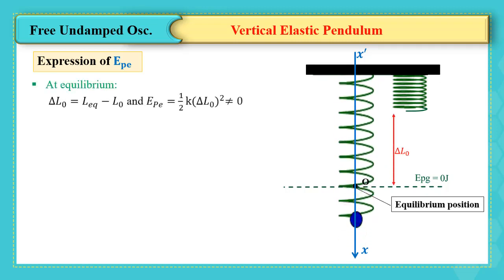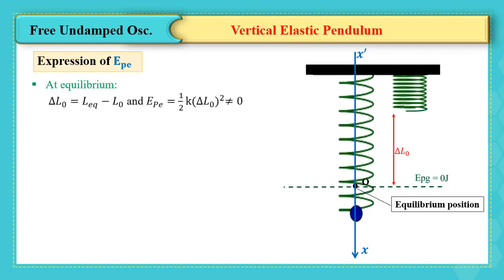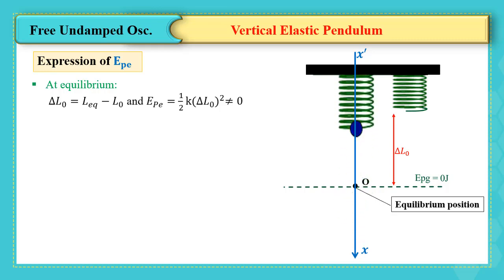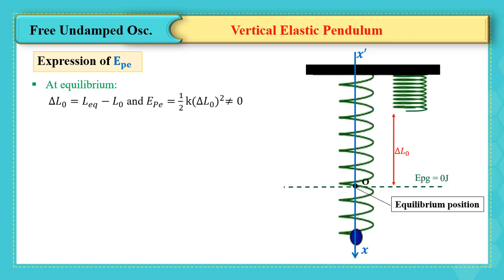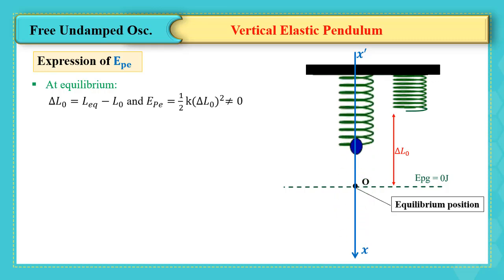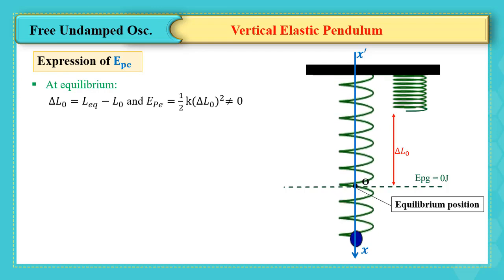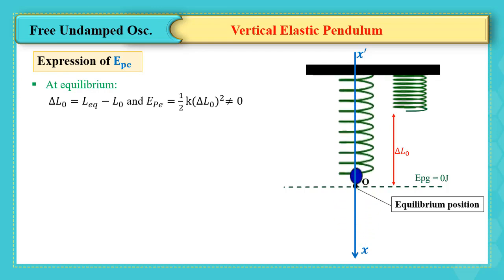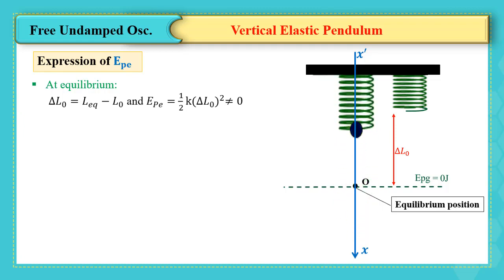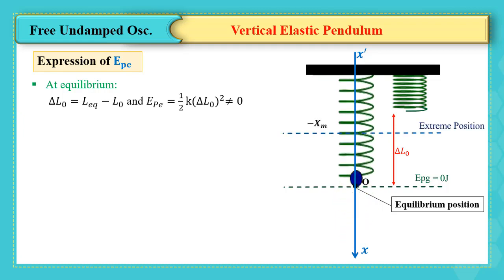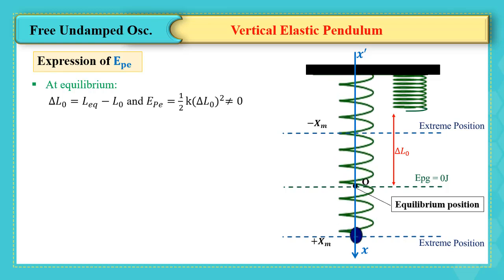At equilibrium, delta L0 equals L at equilibrium minus L0. Then, the elastic potential energy is expressed as half k delta L0 squared. Then it is not 0 at O. Now, what if S lies between the two extreme positions, plus xm and minus xm?